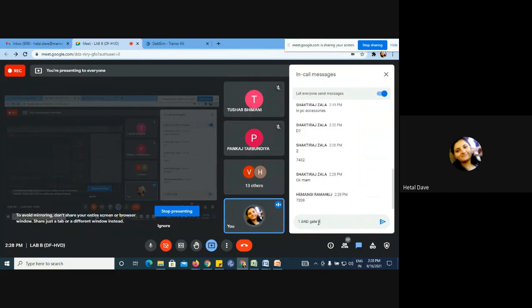One AND gate IC, and it is 7408, and one NOT gate IC, and it is 7404, right? So these ICs will be used.